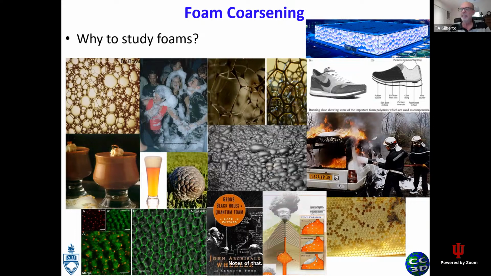This particular, can you see my mouse? Now you can? Yes. Okay, see this black stuff here in the vertex of a foam? It is the use that you can make of foams to extract oil from leaks in the sea, for example.